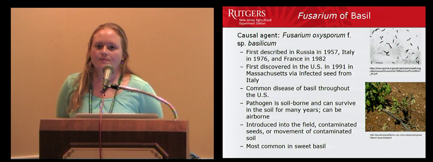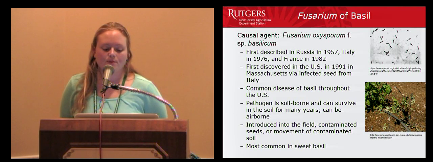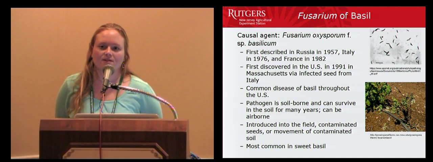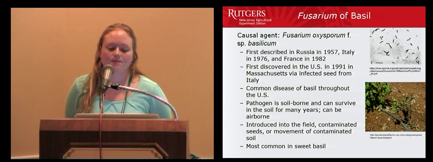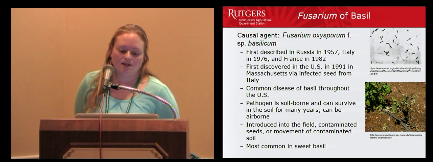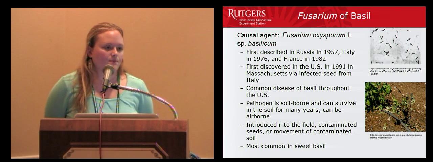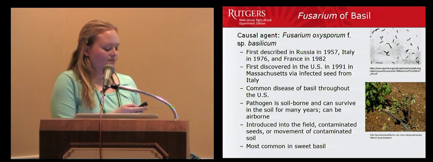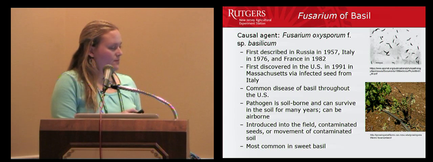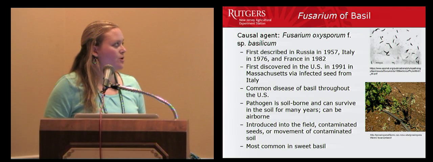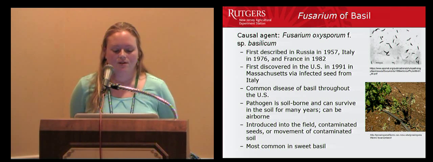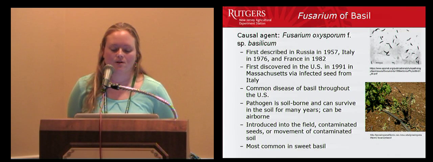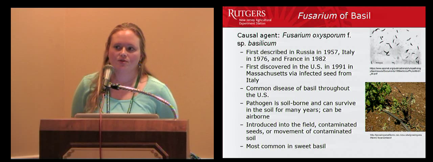Like Basil Downy mildew, it's less destructive, but it is a very common disease of basil that can be found in the field. It's mostly soil-borne, but it can also be found airborne, and there are journals that confirm that.